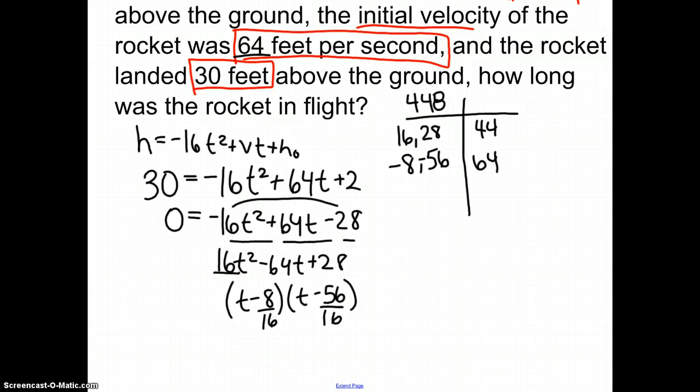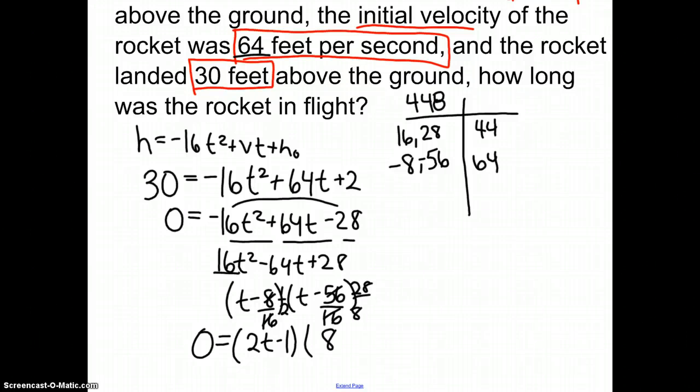And I can simplify the 8 over 16 to 1 over 2. And then multiply that out, so I have 2t minus 1. And 56 over 16 can simplify down to 28 over 8 by dividing both sides by 2.